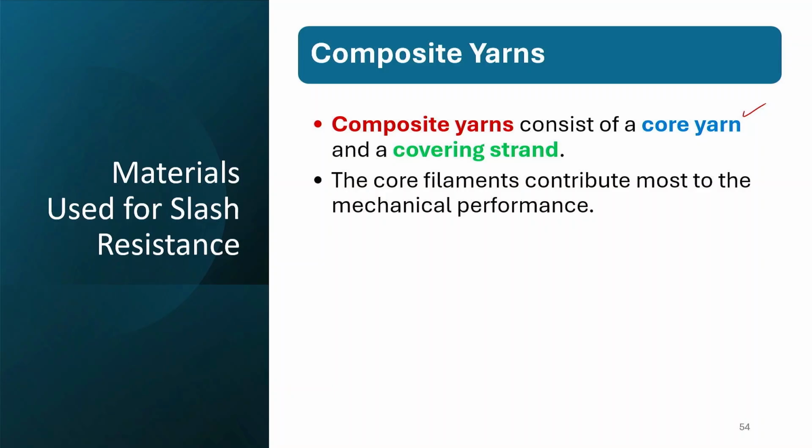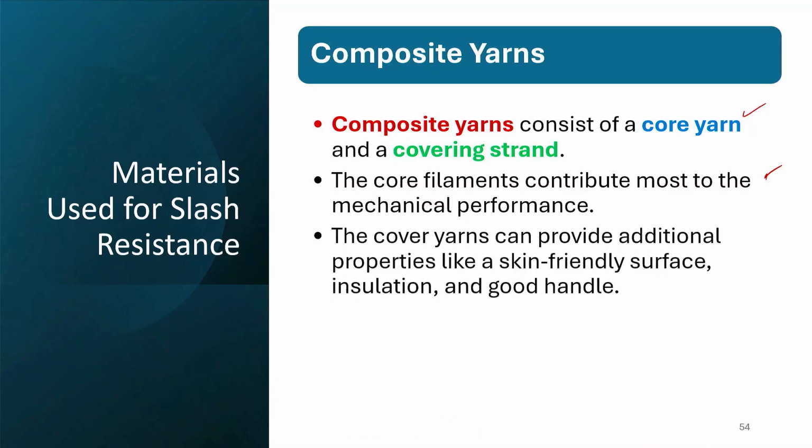Due to their high strength, they resist any slashing and the energy absorption, they give great performance there, and cover yarns can provide additional properties like skin friendly surface, it will be soft, insulating, good handle. So, that multiple structure composite yarn is preferred.